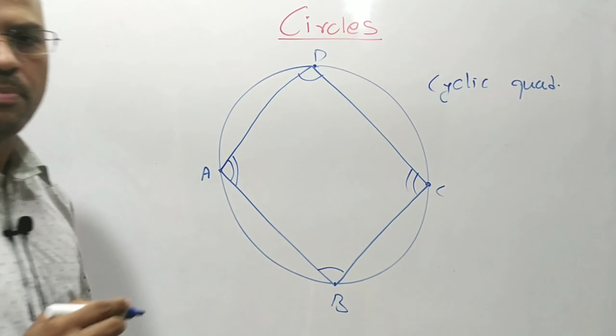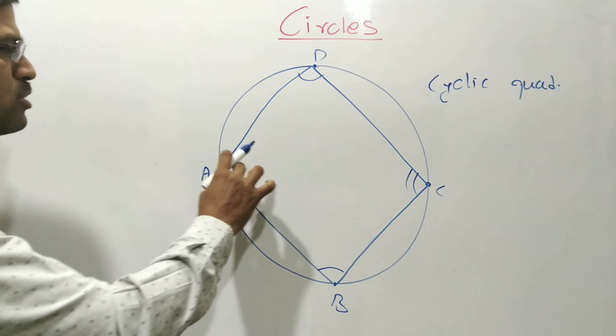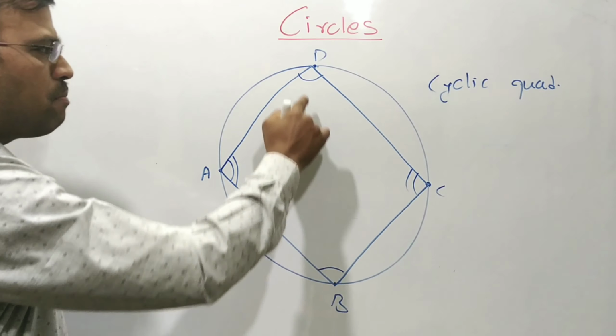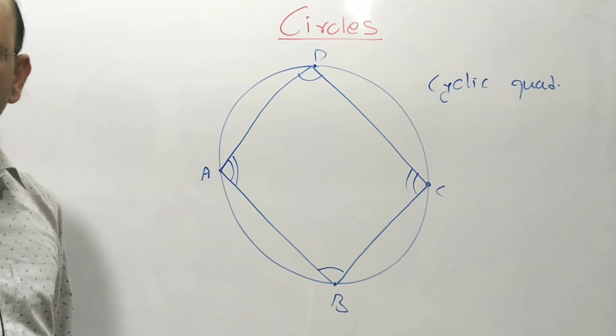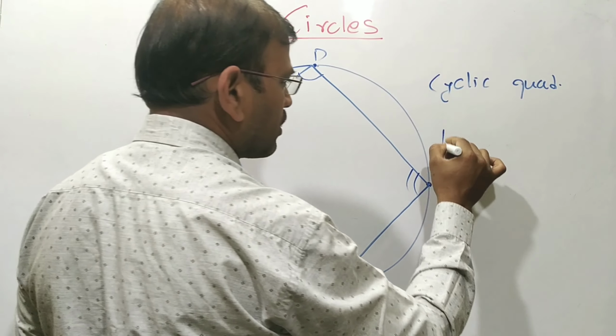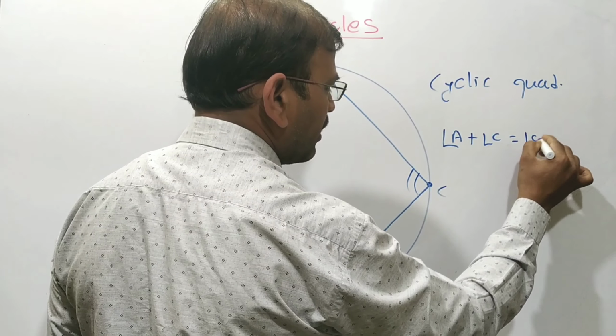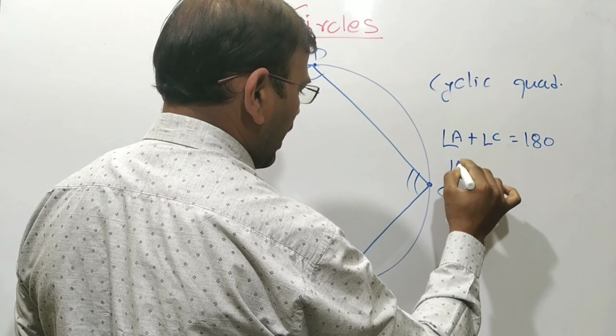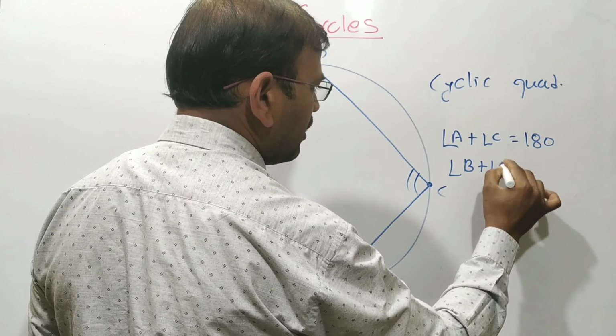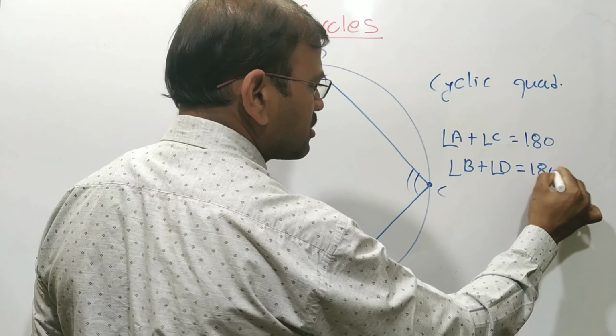That means angle B plus angle D is equal to 180 degrees, and angle A plus angle C is equal to 180 degrees.